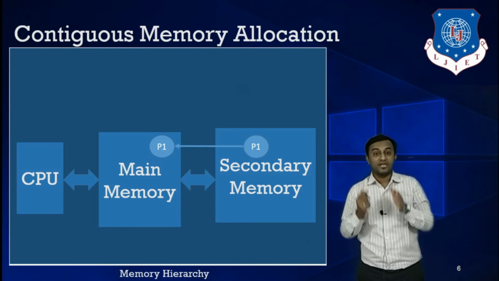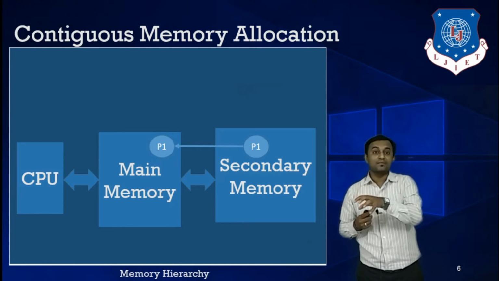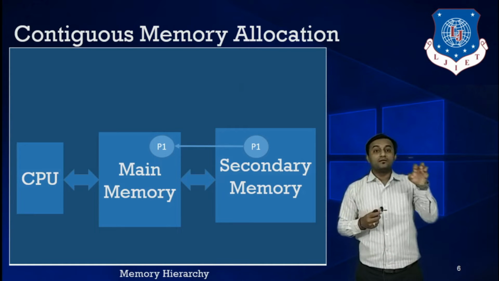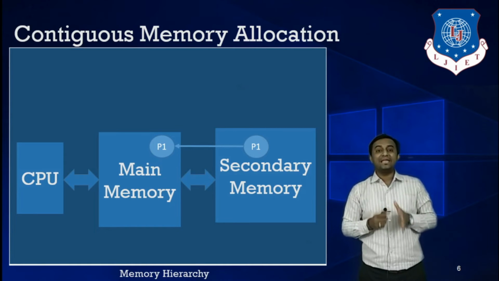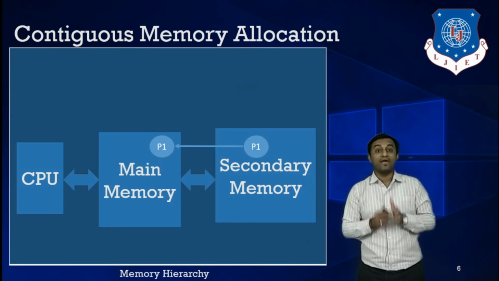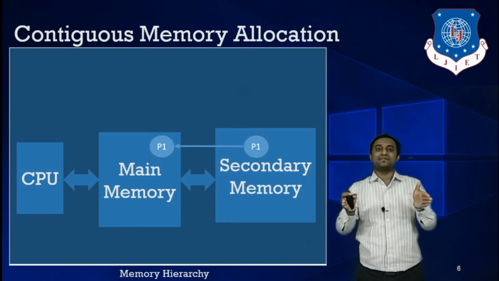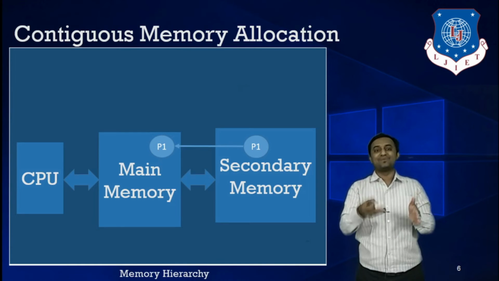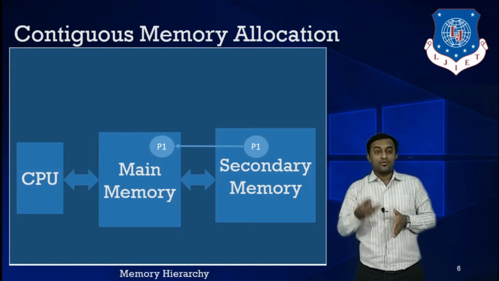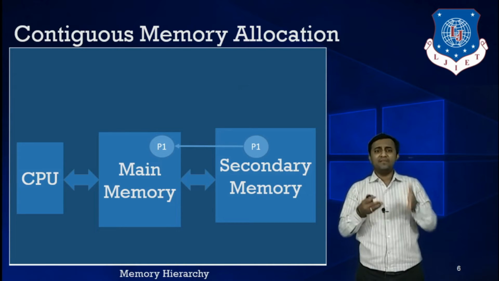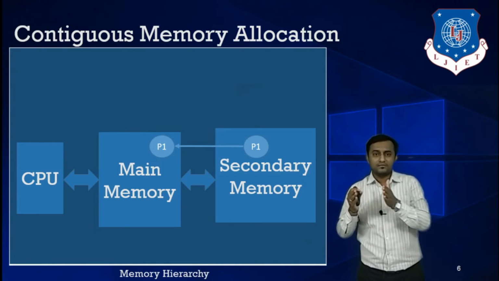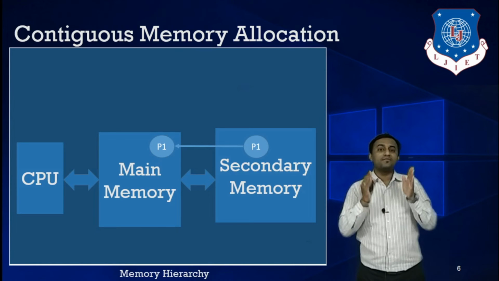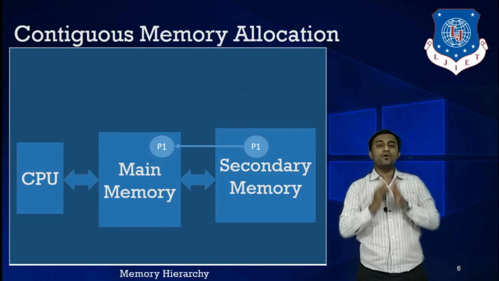In the case of the contiguous policy, the whole process will be picked and placed in the main memory area where the space is available. That is called contiguous memory allocation. Suppose a program requires 10 KB of space in main memory. It doesn't mean that the 10 KB of space is available at the starting point only.